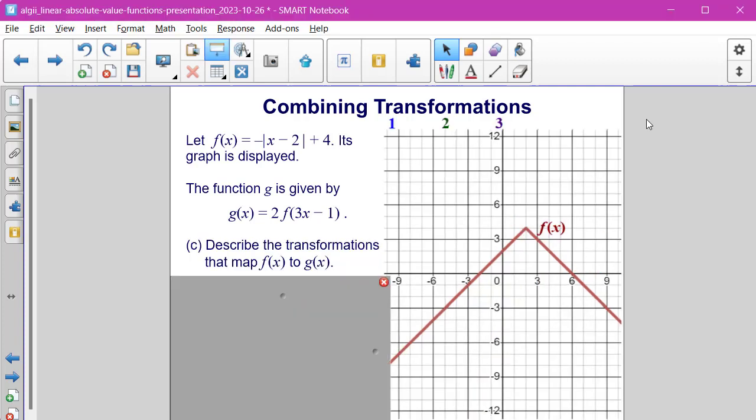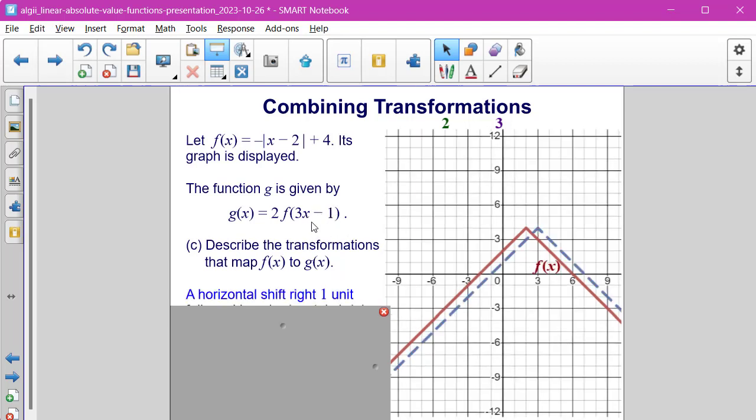Now let's look at part C. Describe the transformations that map f of x to g of x. Well, the first thing that we can see in the parentheses is we have a horizontal shift to the right 1 unit. After that, we are going to horizontally shrink the function towards the y-axis with a factor of 1/3.